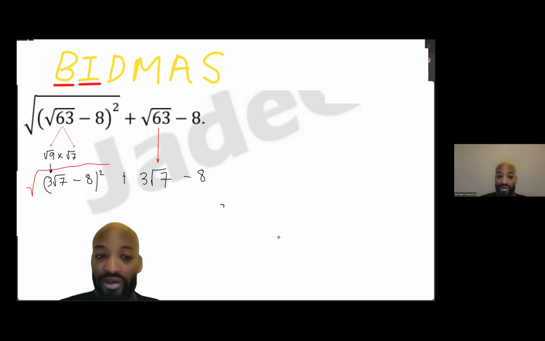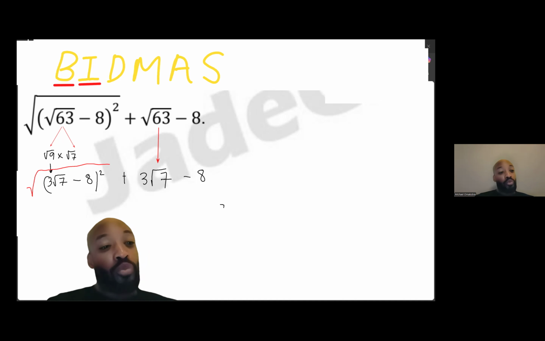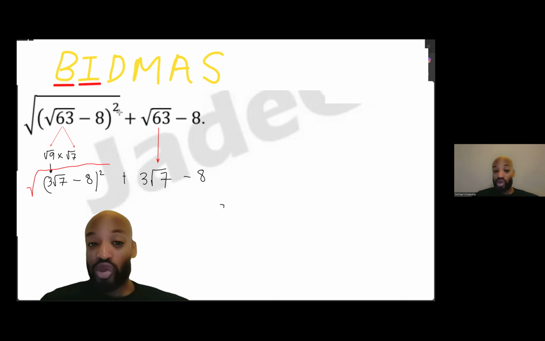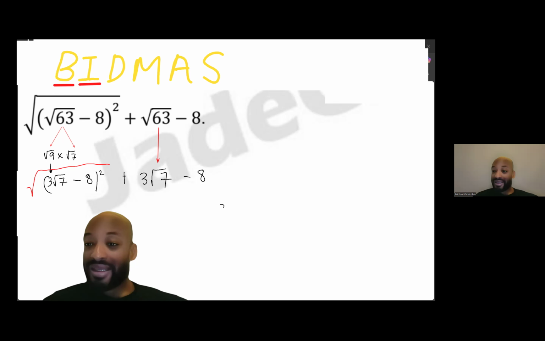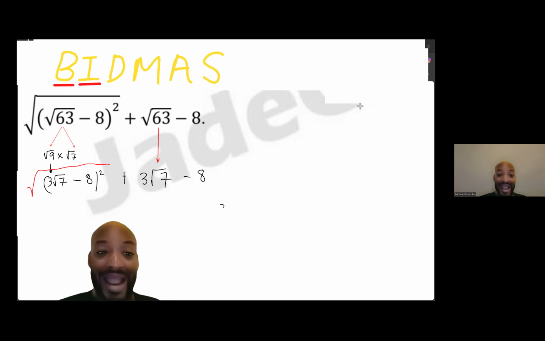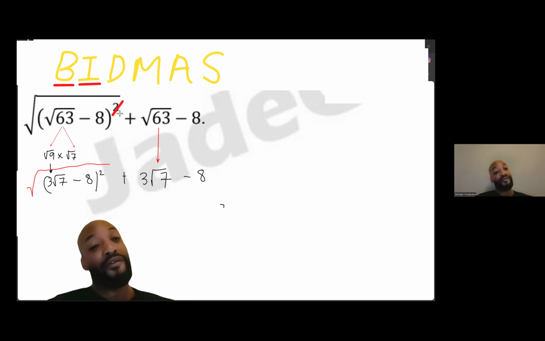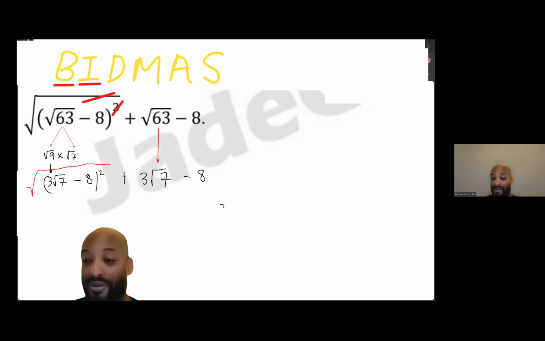Now we have a very interesting situation where the expression in the bracket is being squared, but then immediately after being squared, that step is being reversed and it's being square rooted. So what does that mean in the mathematical sense? We are reversing that step, so we can actually cancel out the impact of squaring and square rooting.